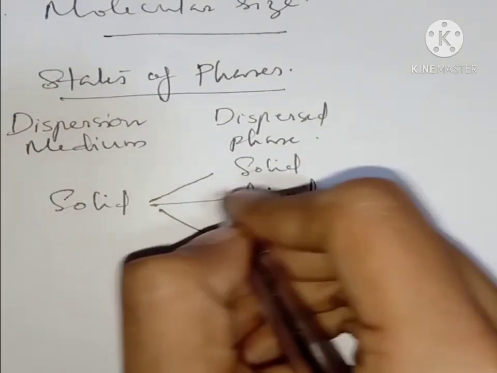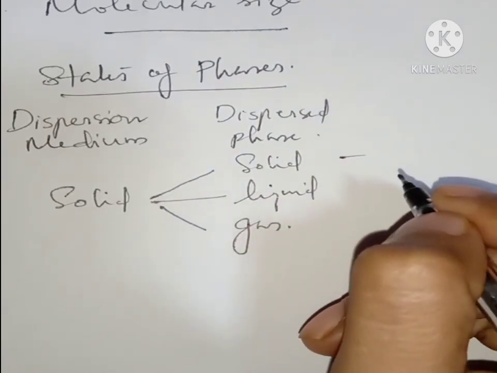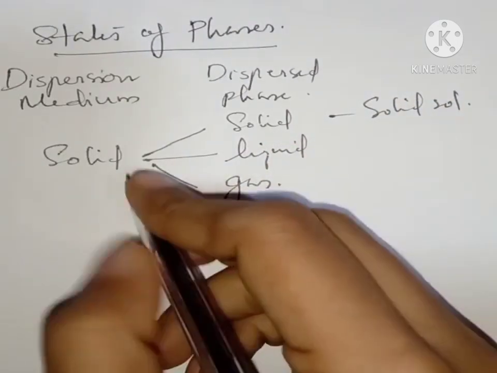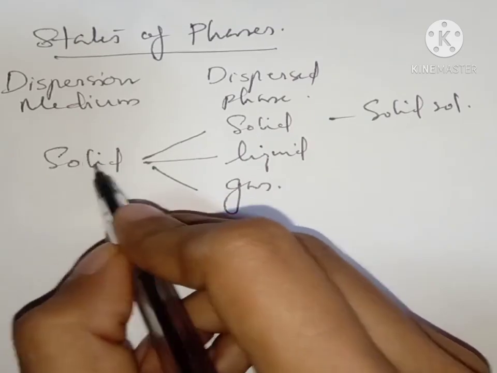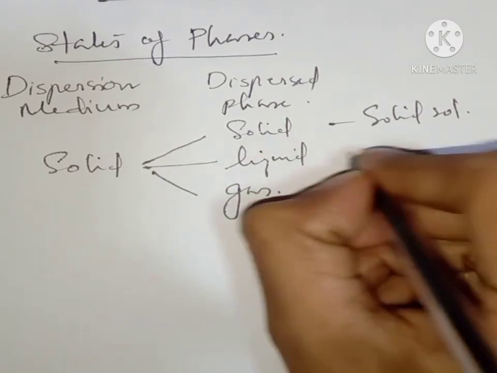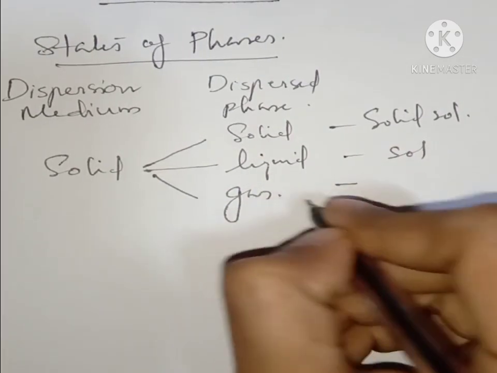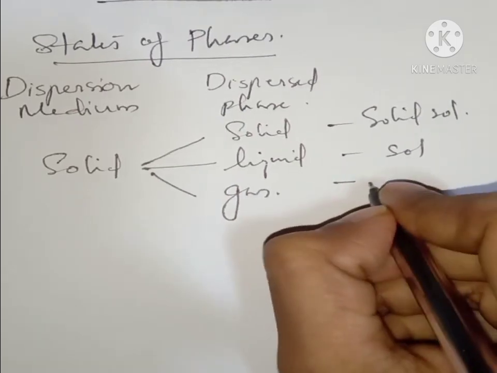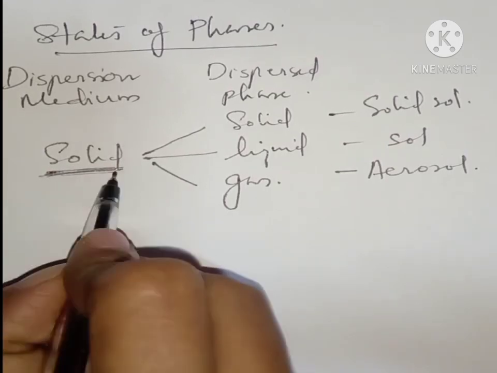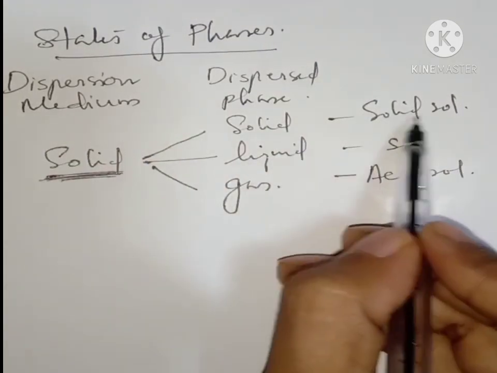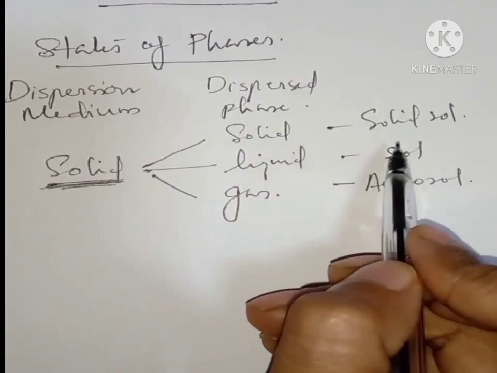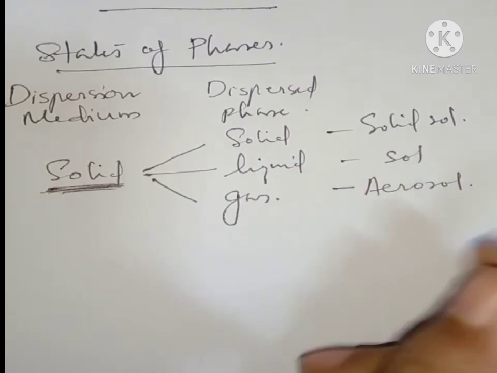So, if the dispersion medium and the dispersed phase are solid, then it is called a solid sol. If dispersion medium is solid and the dispersed phase is liquid, then it is gel. If dispersed phase is gas, then it is foam. From this, we can conclude that if the medium is solid, then it is a sol. If the dispersed phase is solid, then it is solid sol. Liquid means just sol. If gas, then it is aerosol.